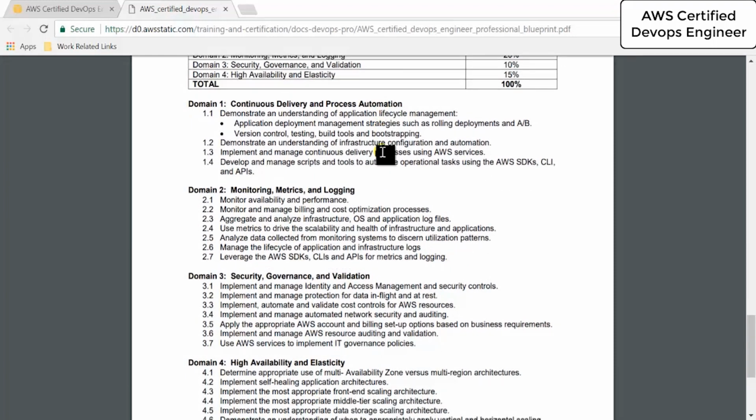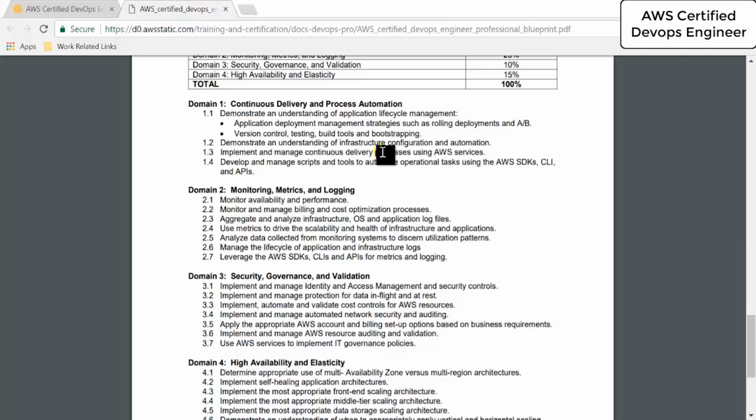So let's discuss the first domain, that is continuous delivery and process automation. You need to demonstrate an understanding of application lifecycle management, application deployment management strategies such as rolling deployments and A/B, version control, testing, building tools, and bootstrapping.